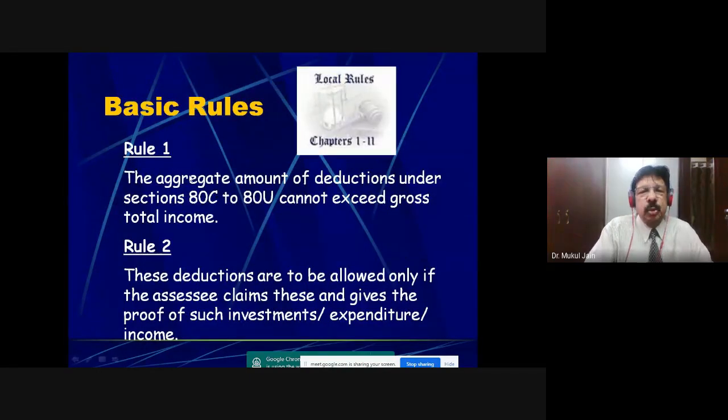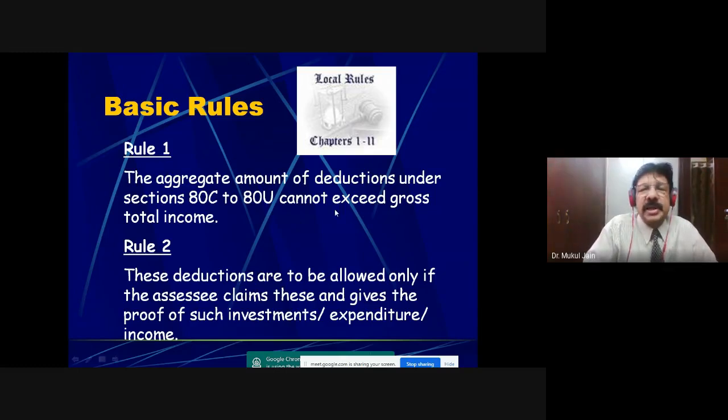So some basic rules of deduction. Rule number one is that the aggregate amount of deductions under sections 80C to 80U cannot exceed gross total income. Of course, let us say somebody's income is 5 lakh rupees per annum, and this person invests 6 lakh rupees under these sections.